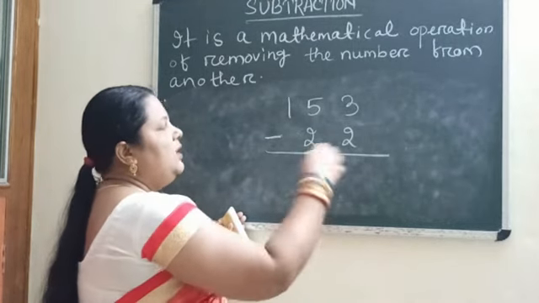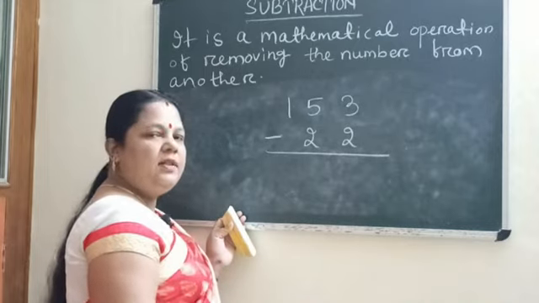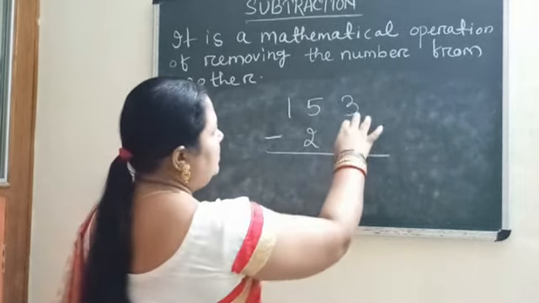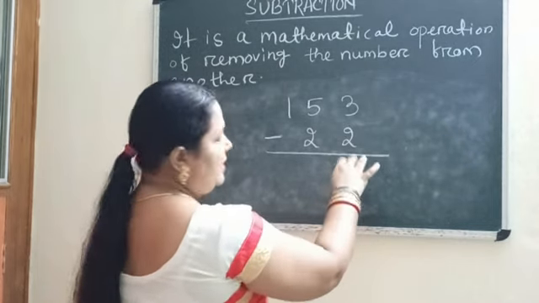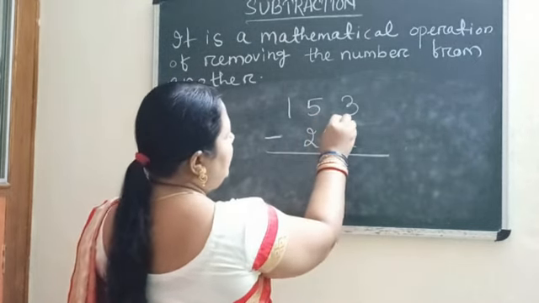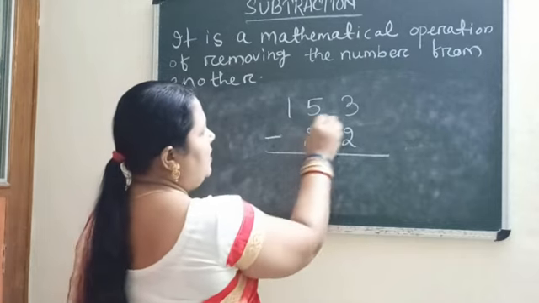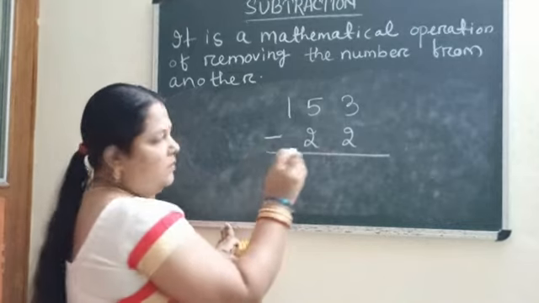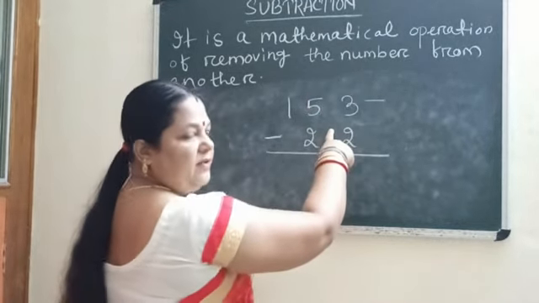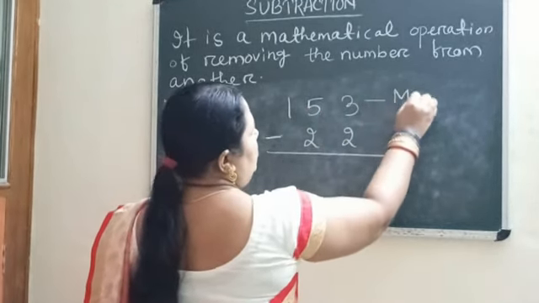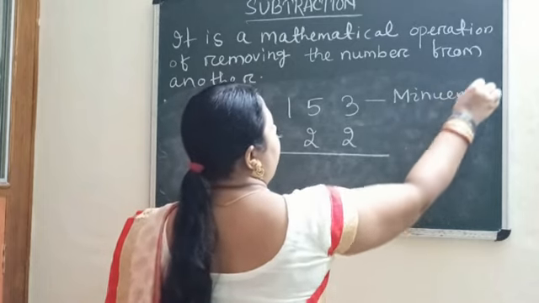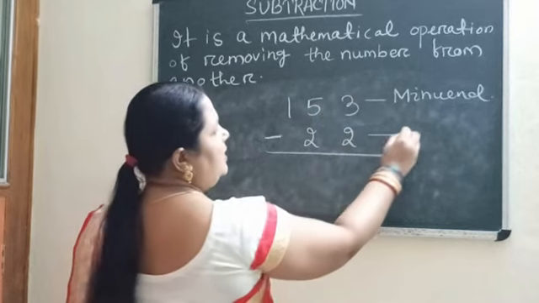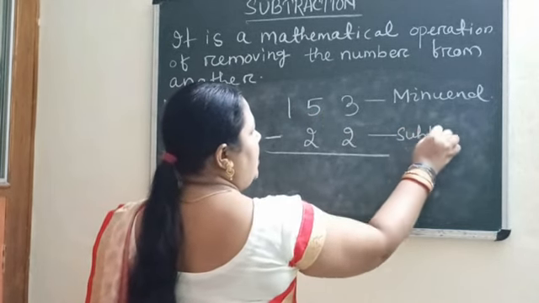That day I told you that we always start subtraction or addition from the ones place. So from 153 we are subtracting 22. Here 153 is the larger number and 22 is the smaller number. The number from which we subtract is called the minuend, and the smaller one which is subtracted from it is called the subtrahend.